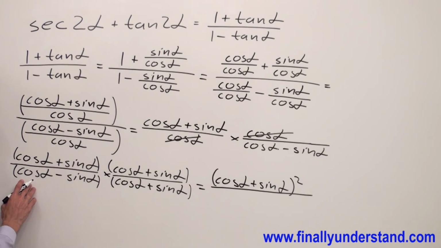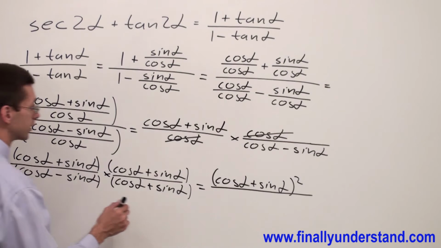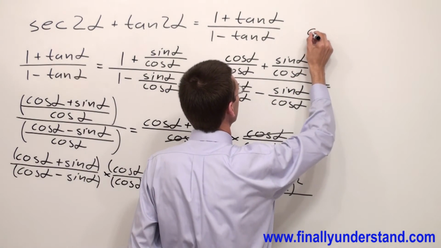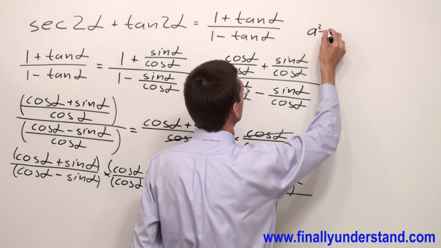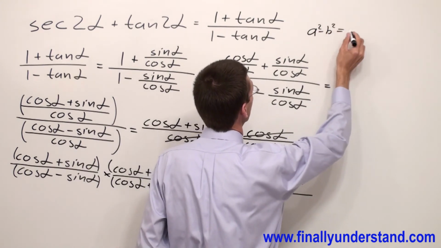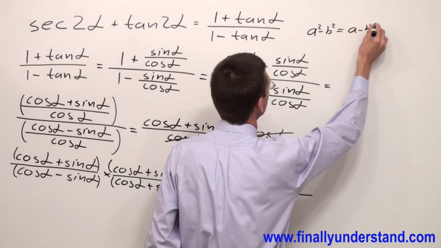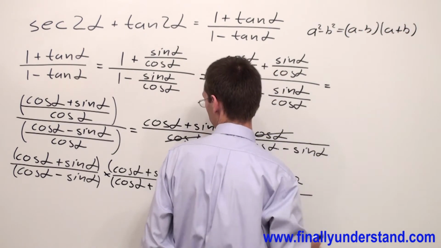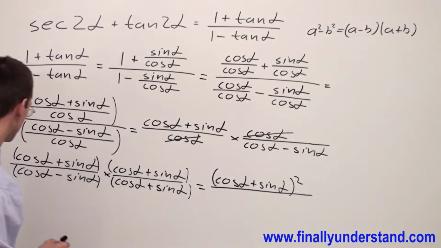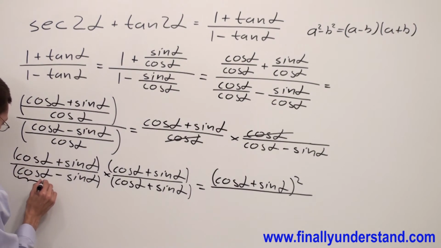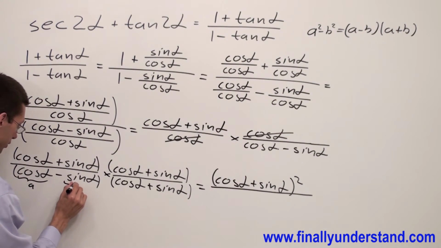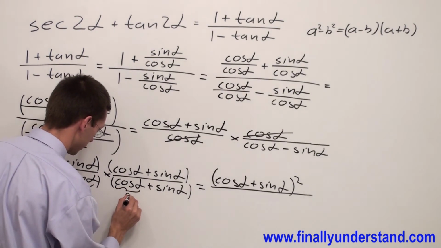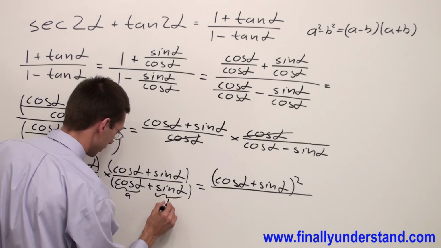So this is nothing else, just the formula which we used to use. A squared minus b squared is equal to a minus b times a plus b, where this is going to be my a and this is my b, this is my a and this is my b.